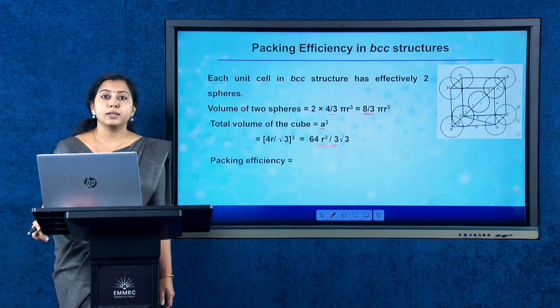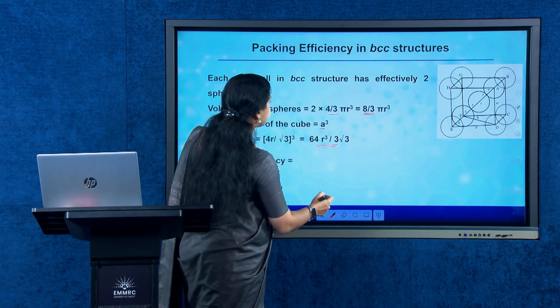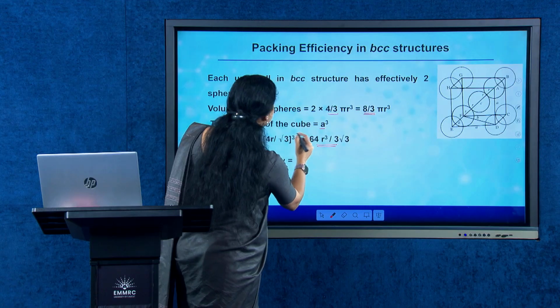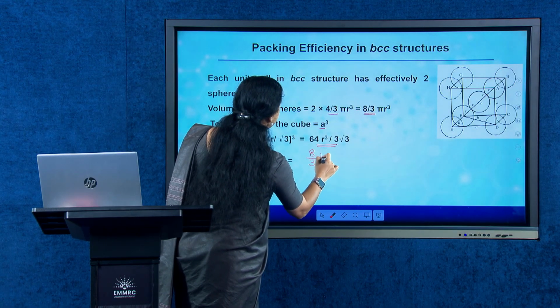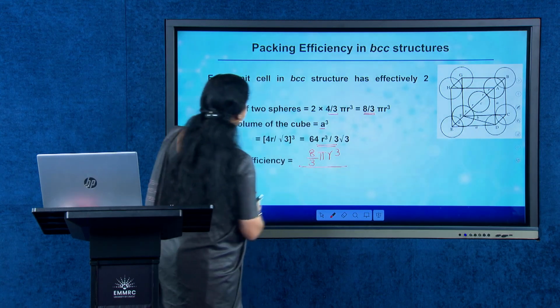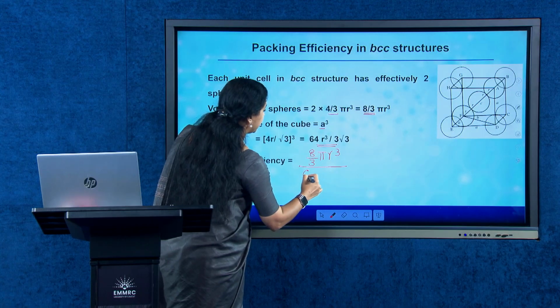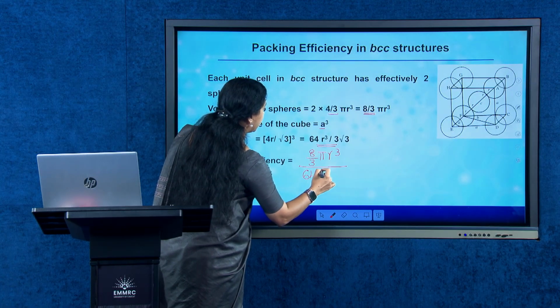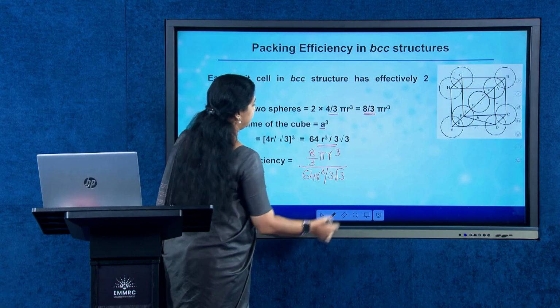So, we can calculate the packing efficiency. How to calculate the packing efficiency? Volume of the 2 spheres, that is 8 by 3 pi r cube, divided by the total volume of the cube, so we have 64 r cube by 3 root 3.